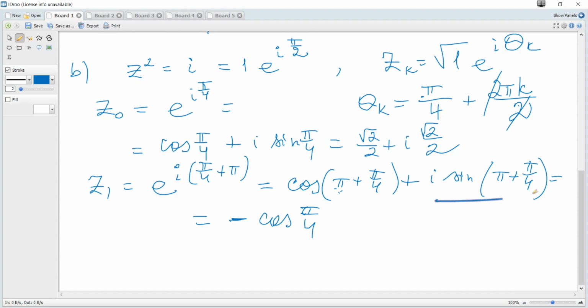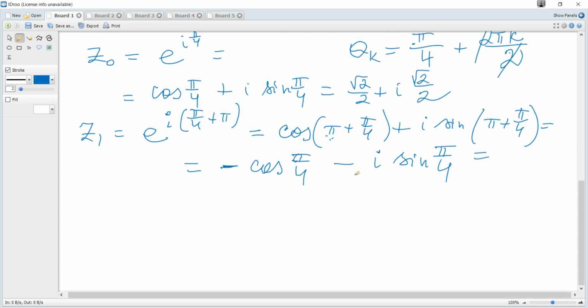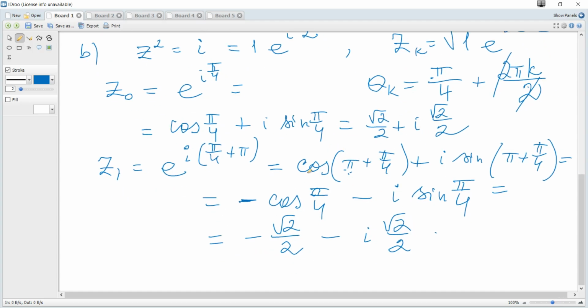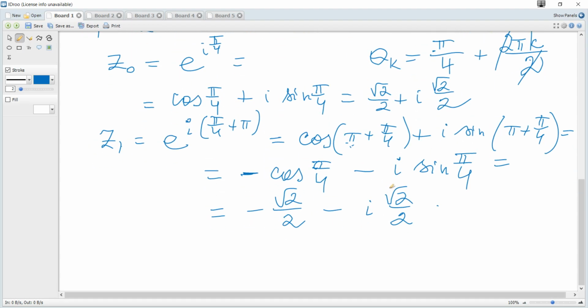And sine in the third quadrant is negative, and the same as sine of pi over 4. So it's negative root 2 over 2 minus i root 2 over 2. I started with 0; if you start with 1 or 2, you get just this solution rotated by a full revolution of 2 pi. And you remember that you can always add or subtract any number of full revolutions for sine and cosine to get an equivalent.